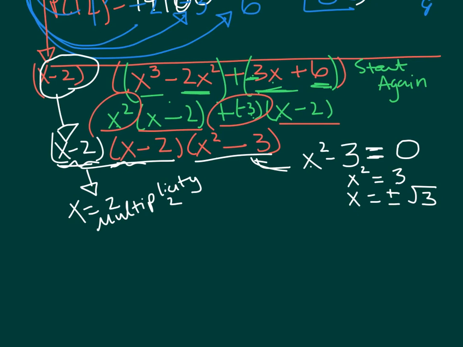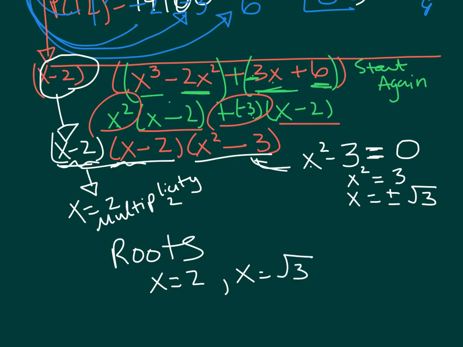So my roots are x equals 2, x equals a positive square root of 3, and x equals a negative square root of 3.